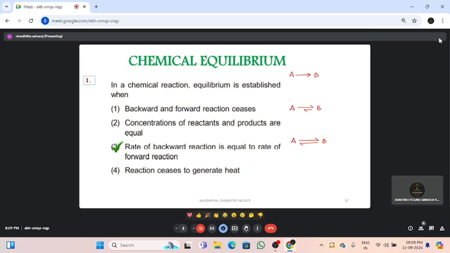What is the difference between these three systems? In three cases, A is a reactant and B is a product. But we can see there is a hell lot of difference between three reactions. What is the difference?